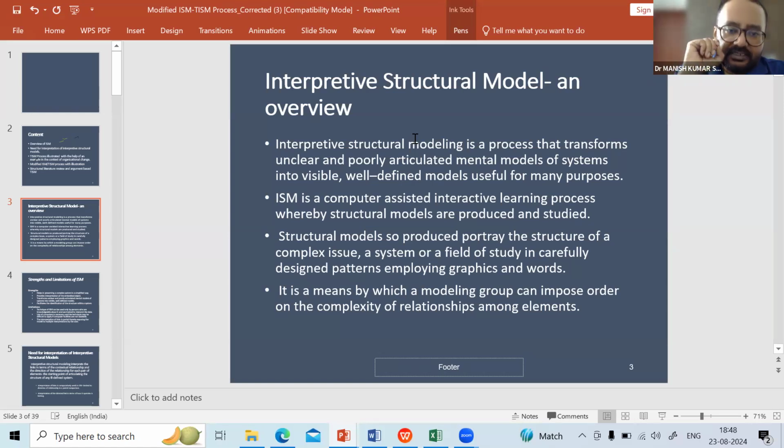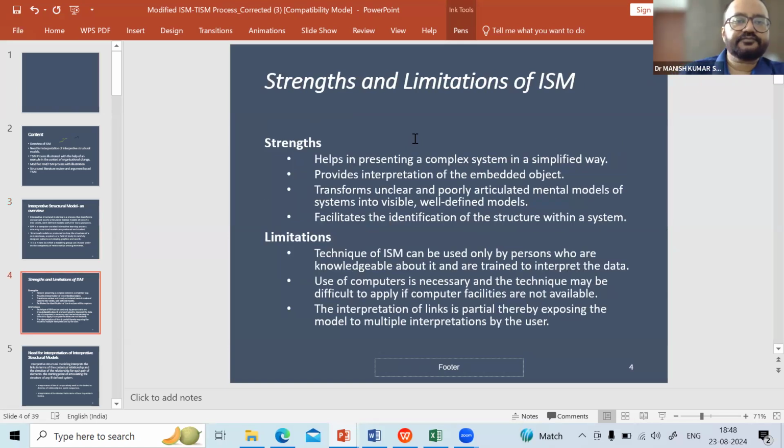If you want to understand the pattern of all these things, we have to go to TISM, that is Total Interpretive Structural Modeling. Again, as I told you, there is a complex system. How can you simplify it? That is the strength of ISM. Then there is also interpretation of embedded objects and all these things.